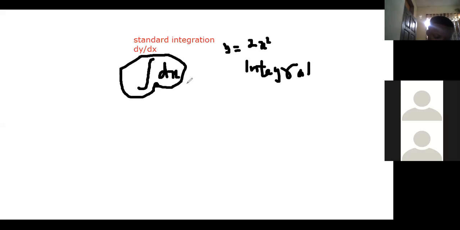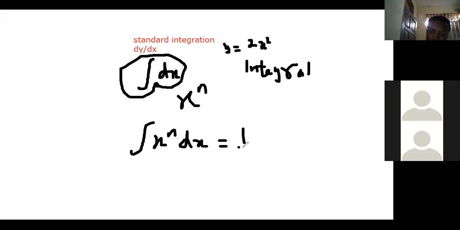So the indefinite integral of x raised to the power n dx is equal to 1 all over n plus 1, x to the n plus 1, plus c.